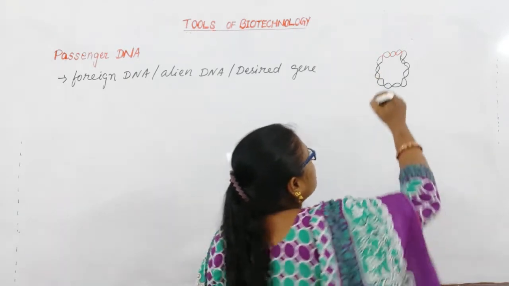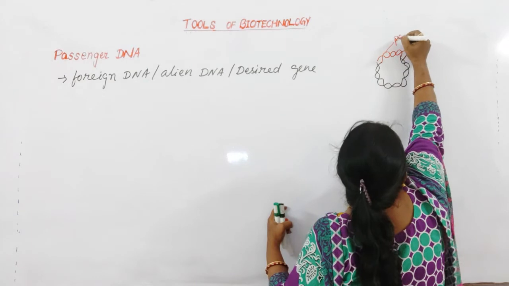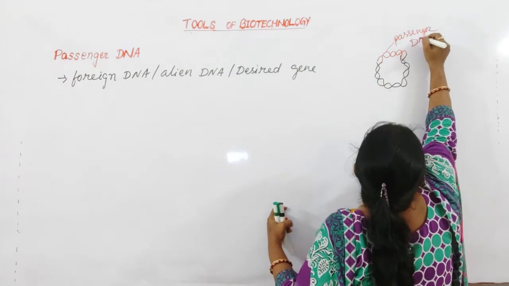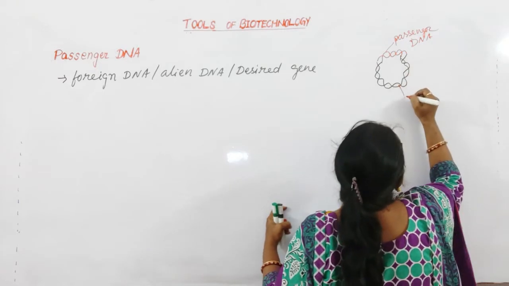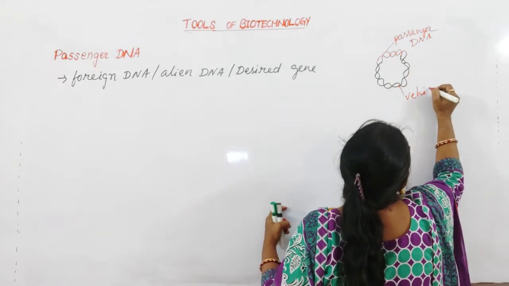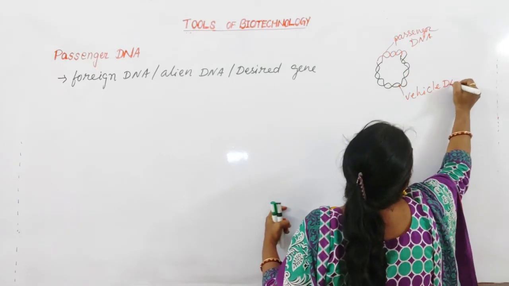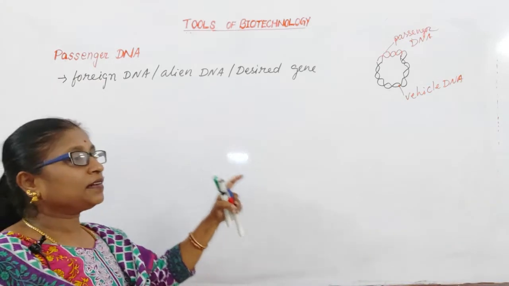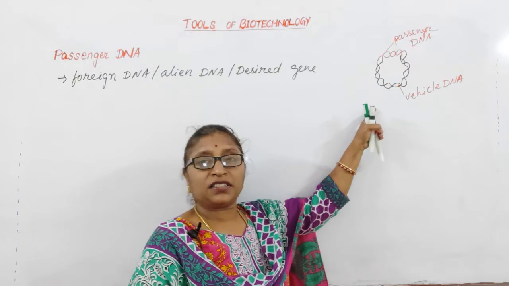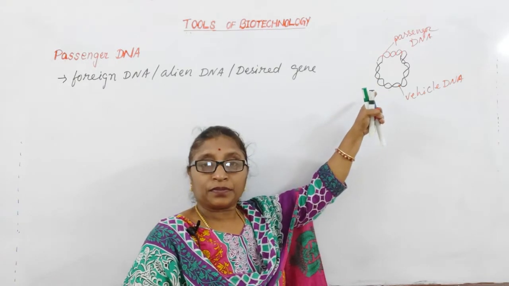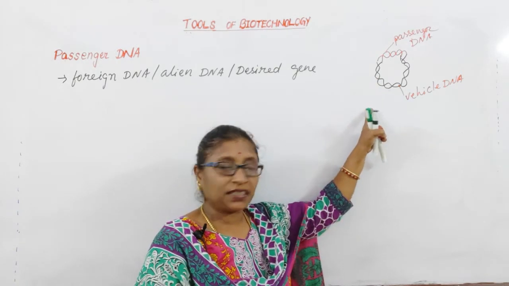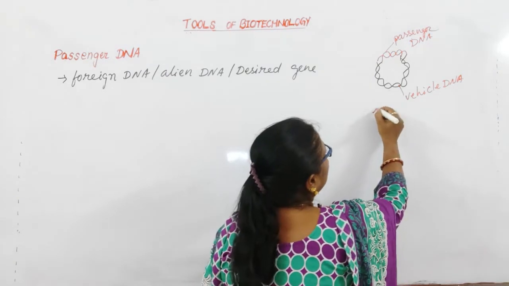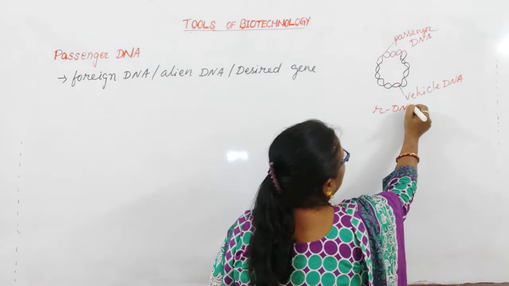So this is the passenger DNA, whereas this is the vehicle DNA. Okay, the cloning vector is recombined with it, this makes the rDNA, recombinant plasmid or rDNA.